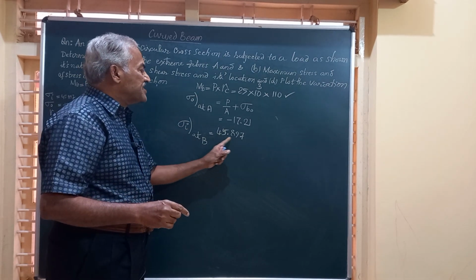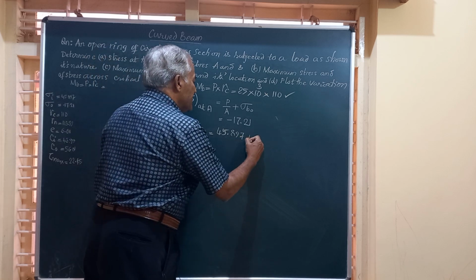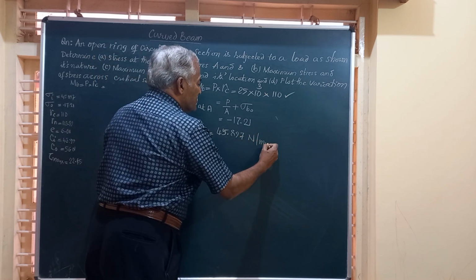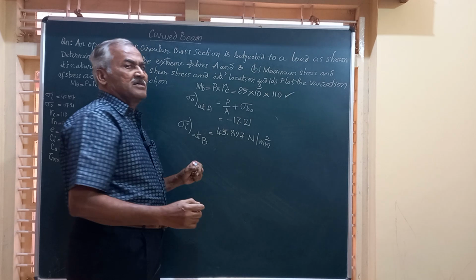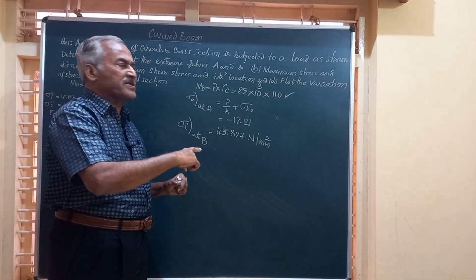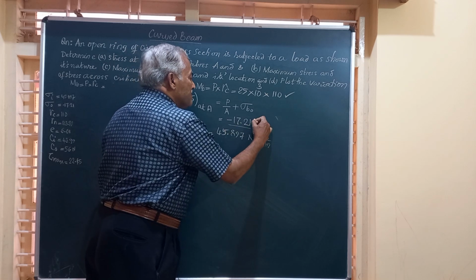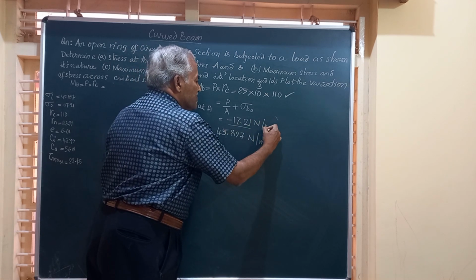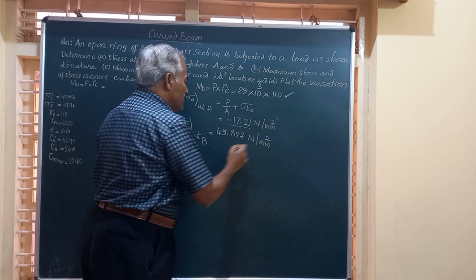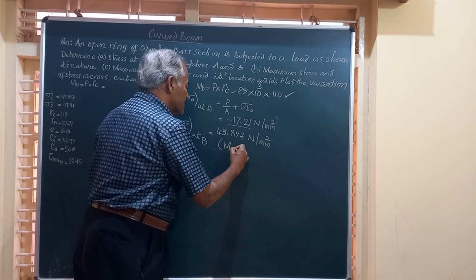So its magnitude is 45.897 Newton per mm square. And at the outer fiber A, you have the stress minus 17.21 Newton per mm square.